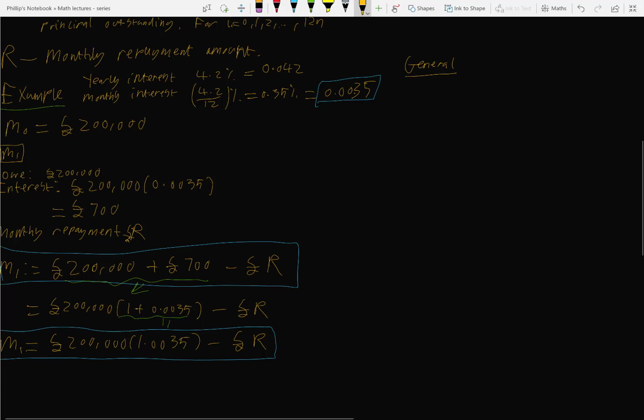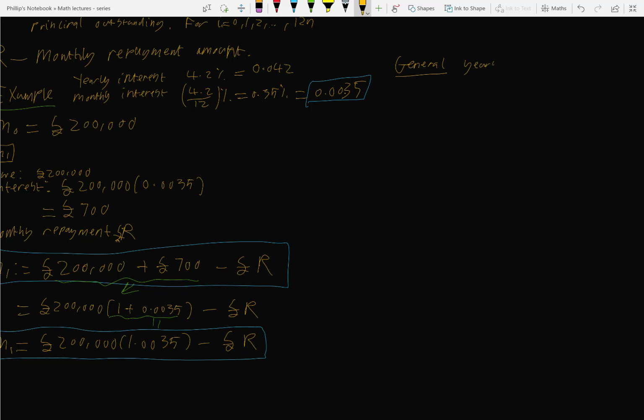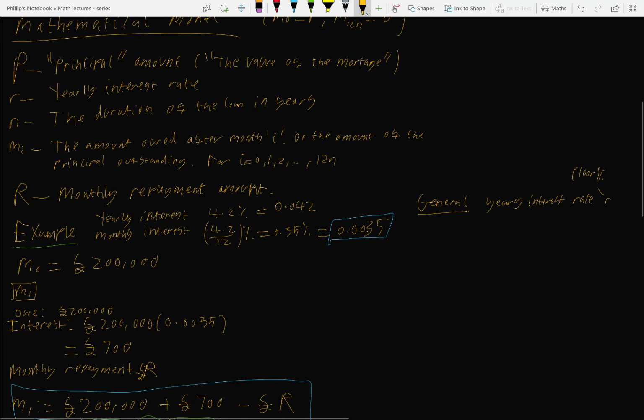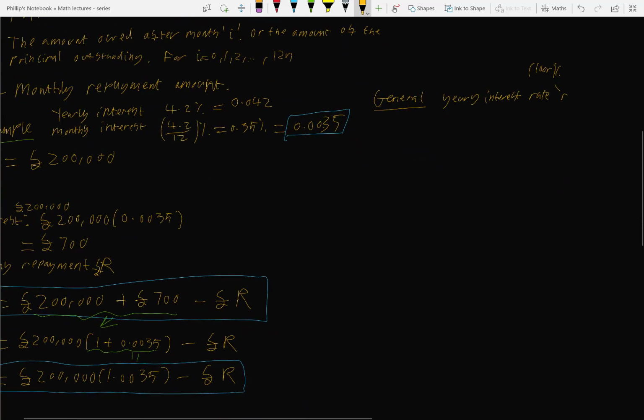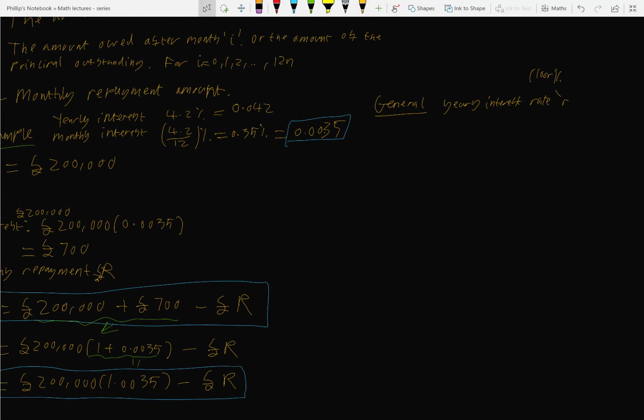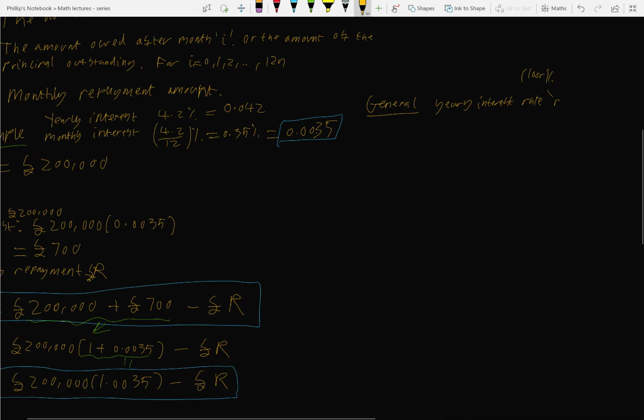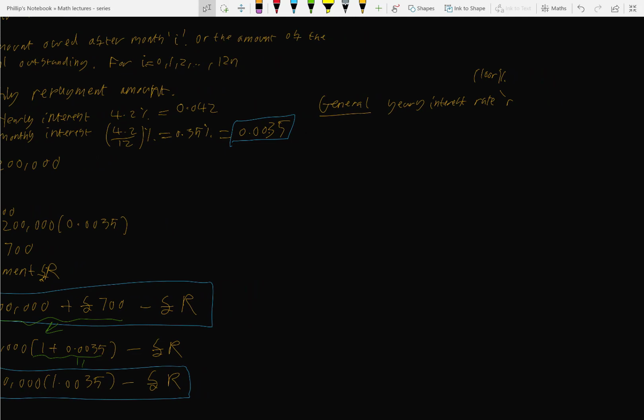The yearly interest rate is R%, and R is the decimal value, not the percentage value, because R times 100% is just R as a decimal. So 4.2 divided by 100 as a decimal is 0.0042. The yearly interest rate is 100R%, which is just R.